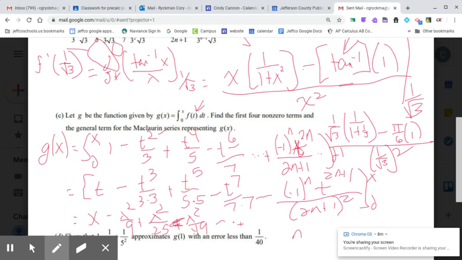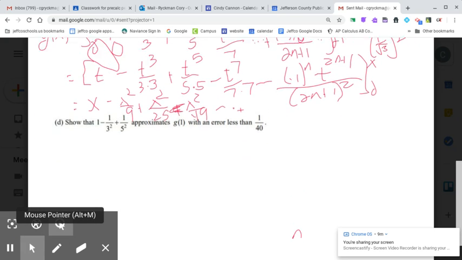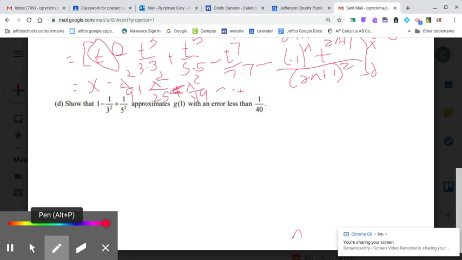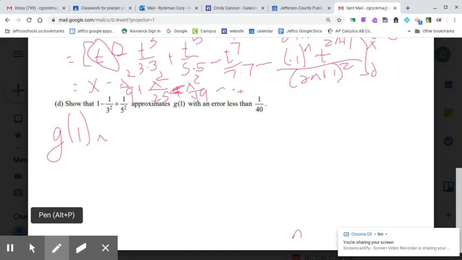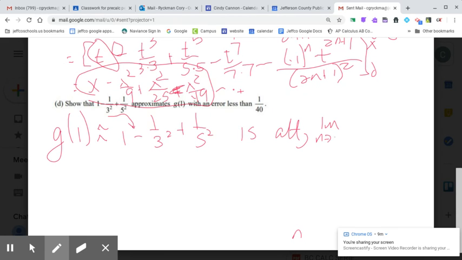All right. Now, that said then, the last problem will make a heck of a lot more sense. G at 1 would be approximately equal to the series that they're talking about, 1 minus 1 over 3 squared plus 1 over 5 squared. This is an alternating series. The terms go to 0, and they're decreasing.